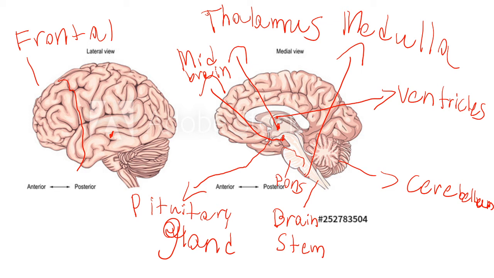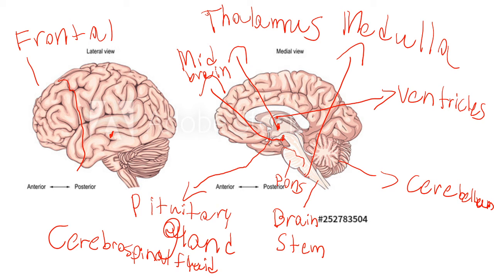Now, moving on to the ventricles. The ventricles are again part of the thalamus area, but the ventricles produce something called cerebrospinal fluid, and they produce this fluid and transfer it around.